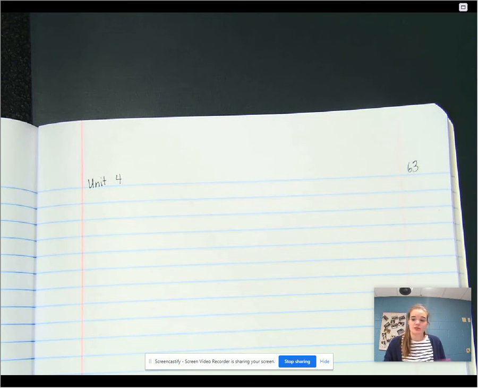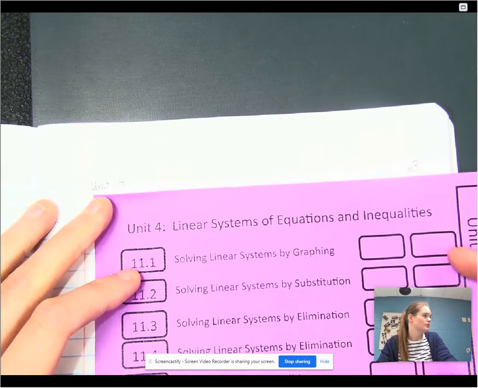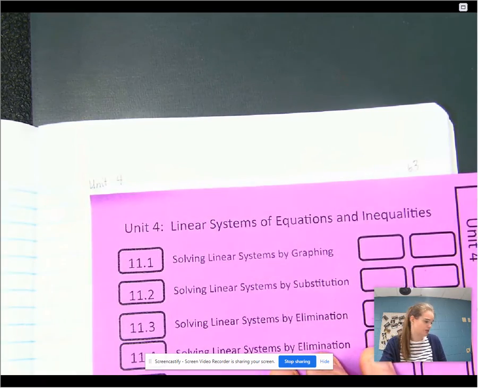Okay, so the tab, you're going to cut off the little extra space here. We're going to glue that in on page 63 so it hangs out because it's a divider.